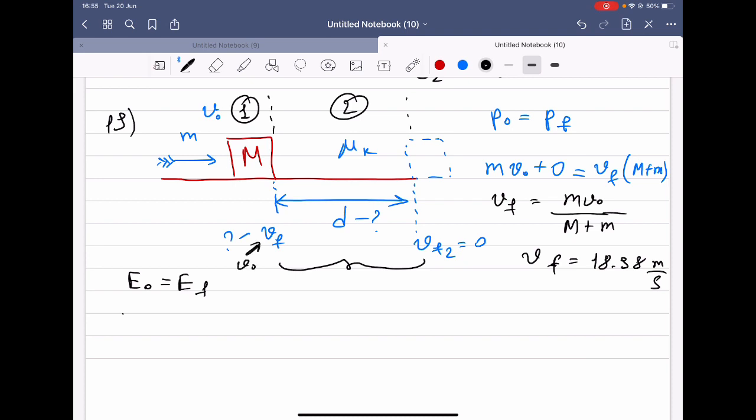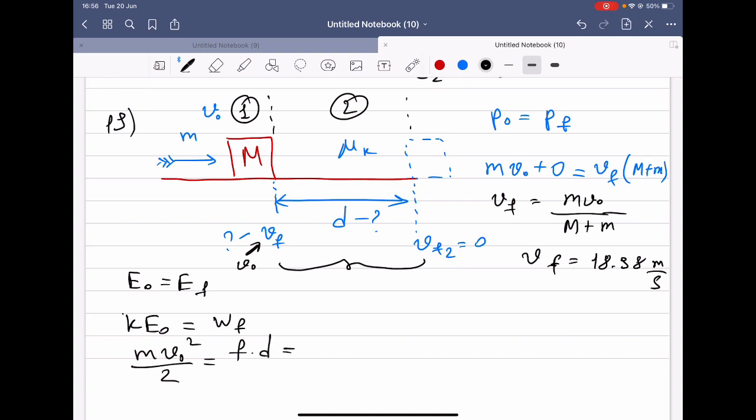So let's call it V initial. Kinetic energy initial is equal to the work done by friction. That means m v initial squared over 2, which is V final here from the first part, is equal to the work done by friction, which is friction force times distance.